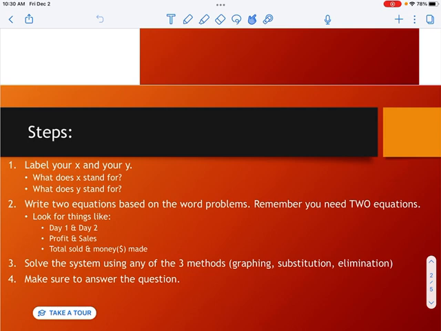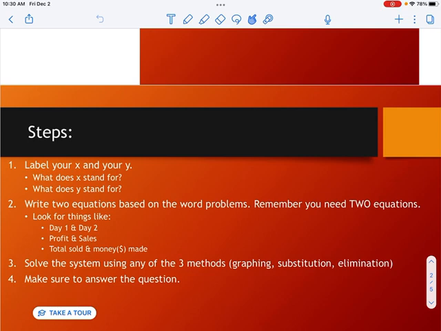Some things to think about: day one, day two, profit versus sales, total sold and the money made, different things of that sort. When you're doing that, it is also probably a good idea to cross off information that is not needed and highlight or underline the important information in each sentence.